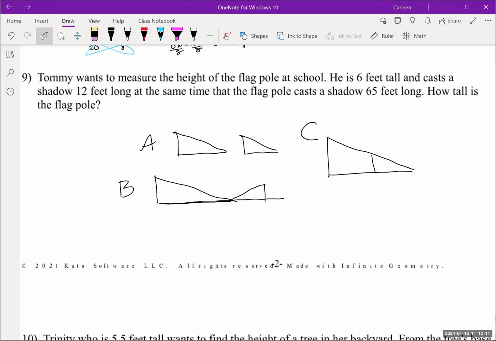I like that you can already see the proportion. Ding, ding, ding. So this might be good to make flashcards. The answer is A.